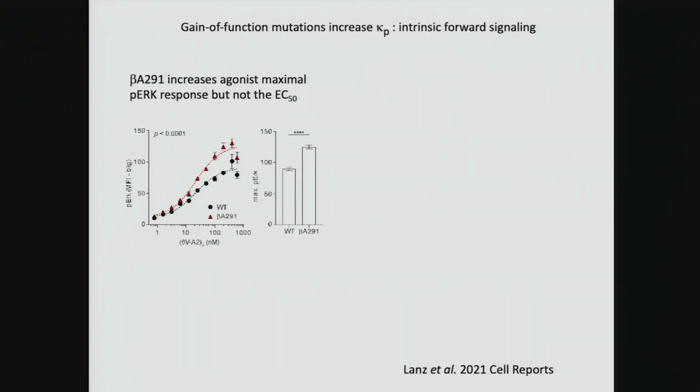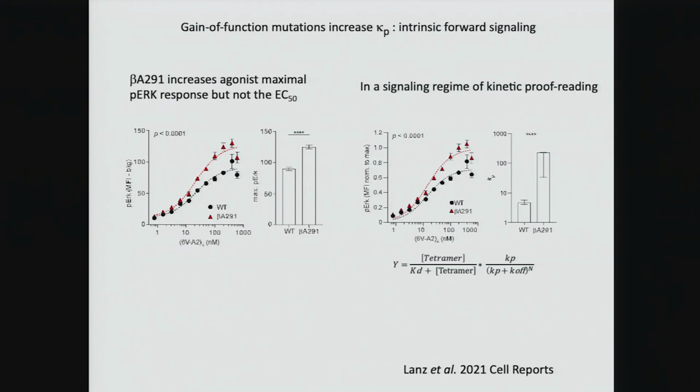When you have this type of graph, you go to Omer Duszek in our department and say, Omer, can you understand? Of course, we understood because he had published something to indicate that, in fact, if you consider that your receptor is operating in a regime of proofreading, kinetic proofreading, that's the kind of expectation.